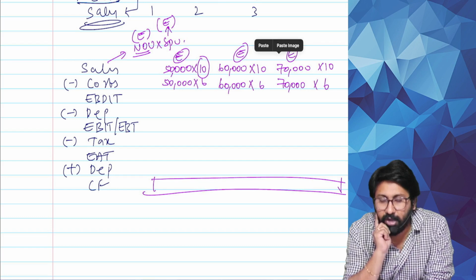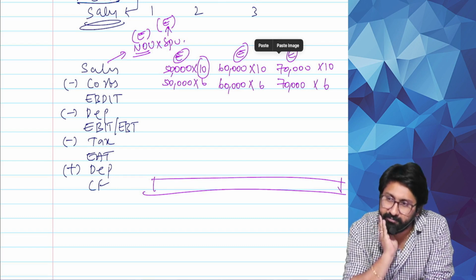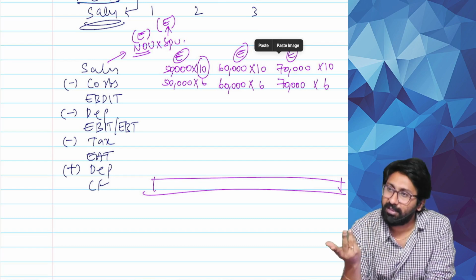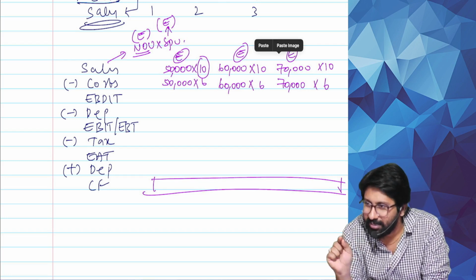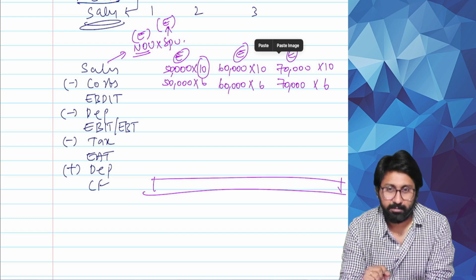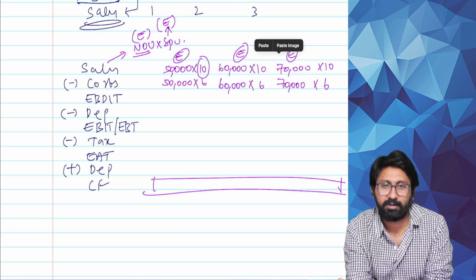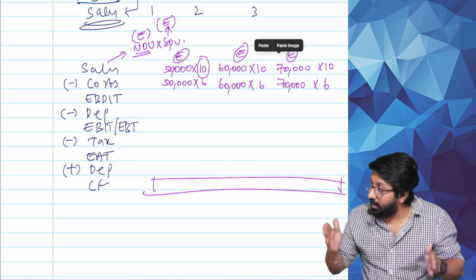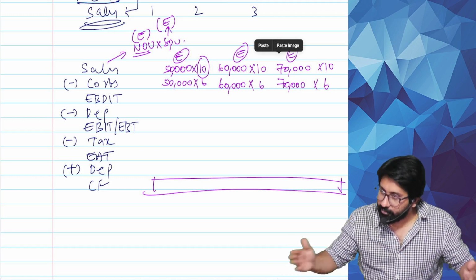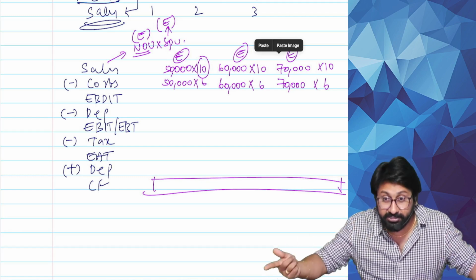Now tell me, is the cost of book printing the same or different? Inflation is there. Prices will increase over a period of time. It will not remain the same. Correct or not, everyone? But till now, all capital budgeting questions we have done ignoring inflation.